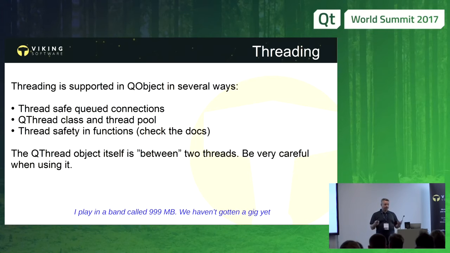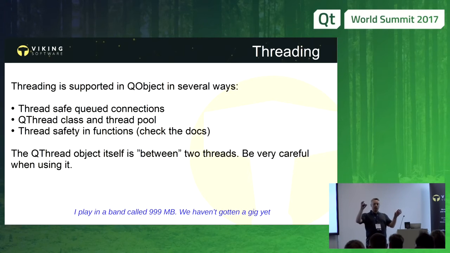The reason it's dangerous is because when you instantiate a QThread object, it feels like this object sort of lies between two threads.